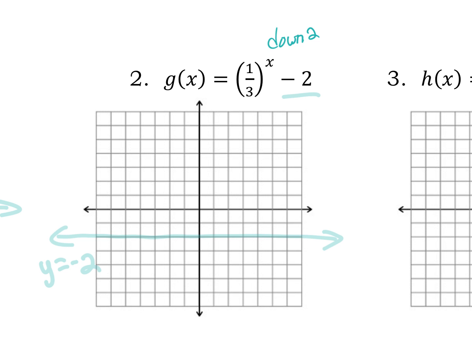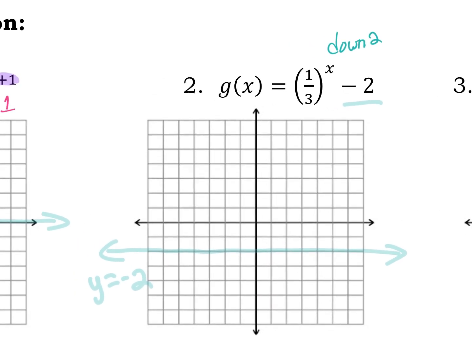But when we do our table of values, I want to do the table of values for y is equal to 1/3 to the x. That's my parent graph, and then we'll deal with the shifting. So for that table: -1, 0, and 1. So 1/3 to the -1 gives us 3, then 1, and 1/3.